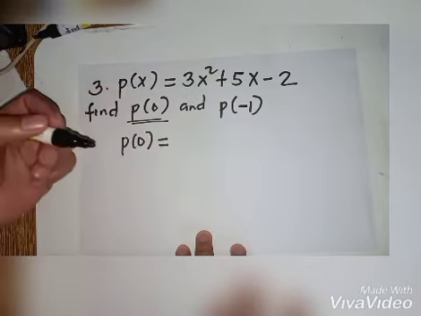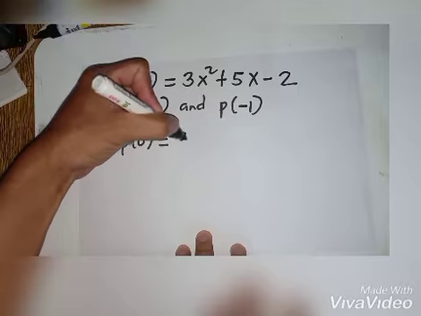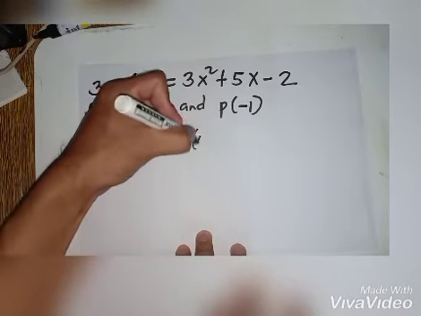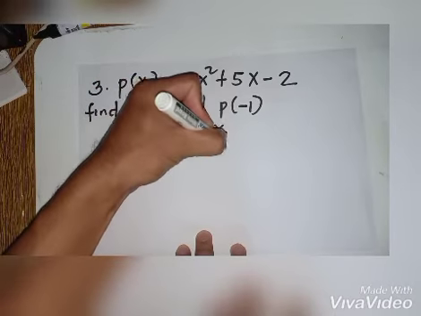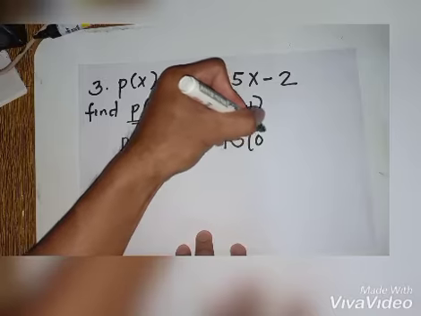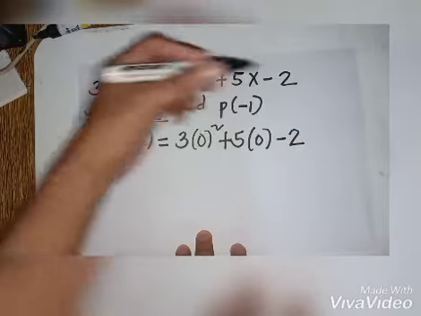Using the function, we have 3, then substitute x with 0. So 0 squared plus 5 times 0 minus 2.